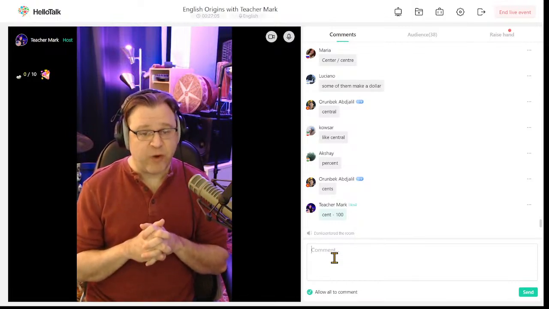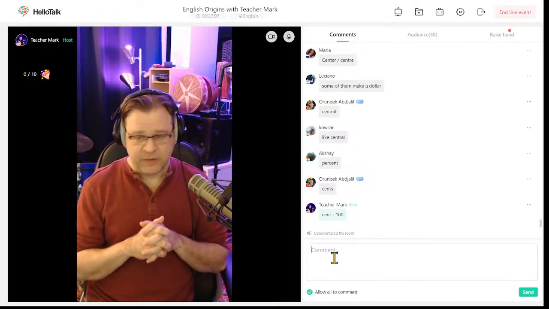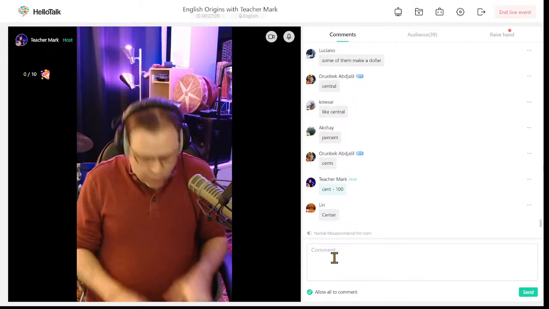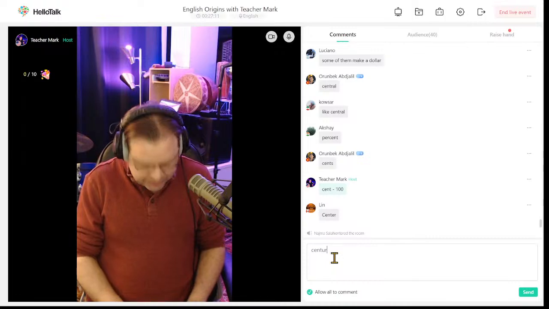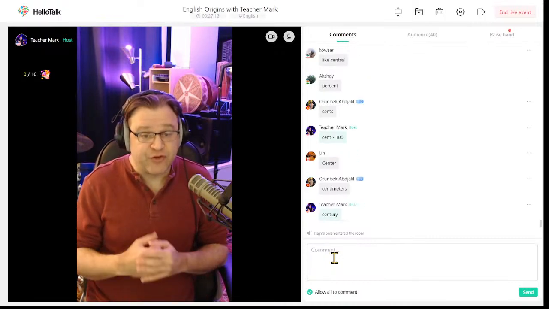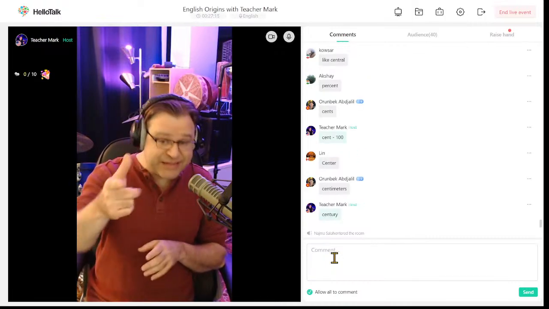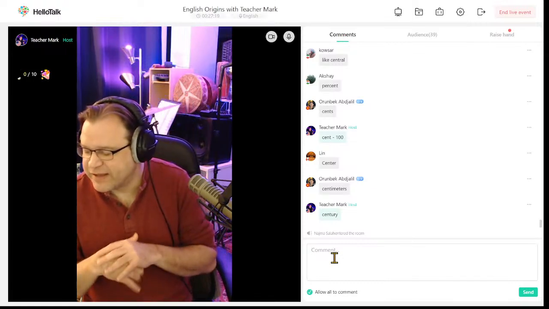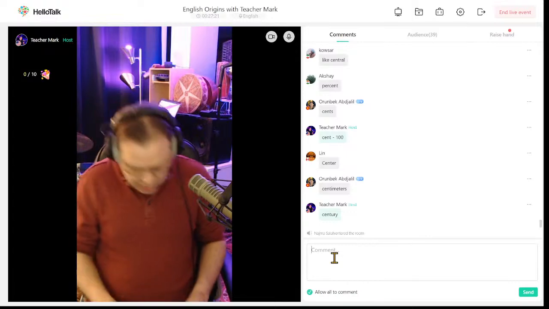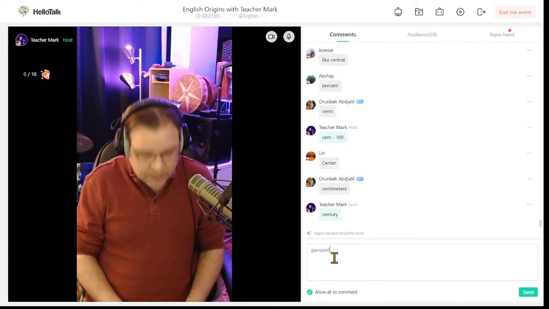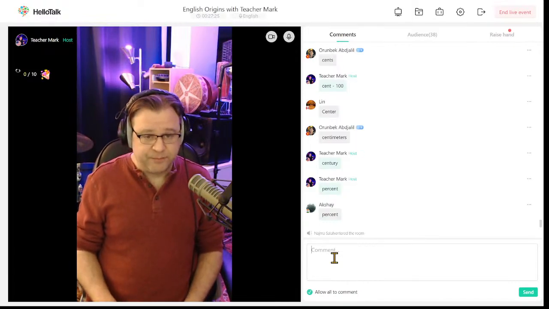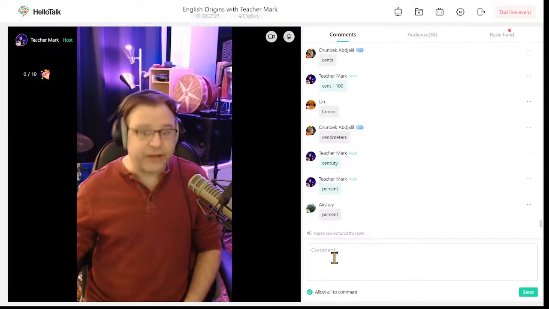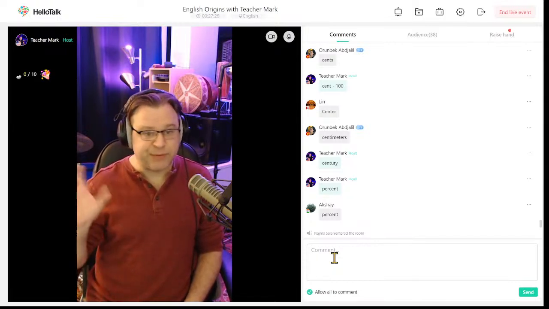So, for example, the word century. Century, 100 years. Centimeter. Right? 100 centimeters. Percent. Out of 100. Per 100. So cent means 100. Per means 1 of 100.